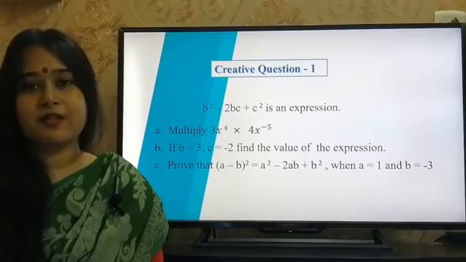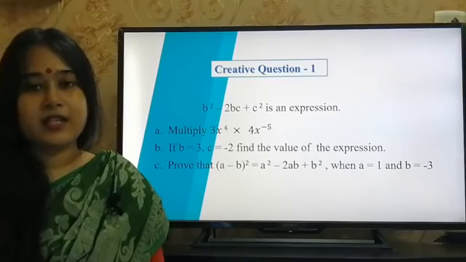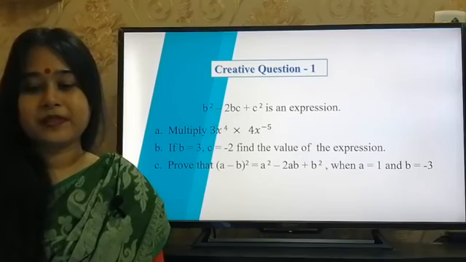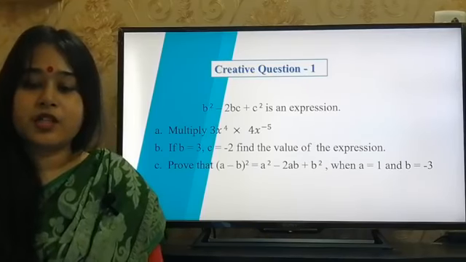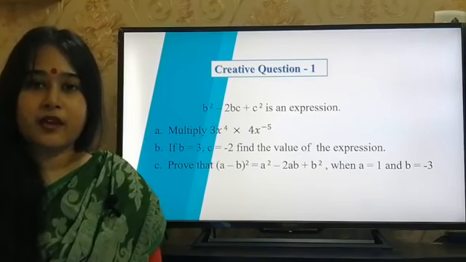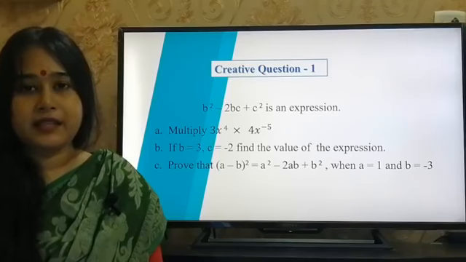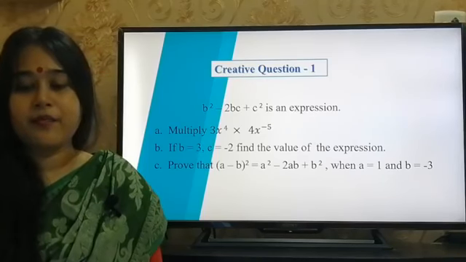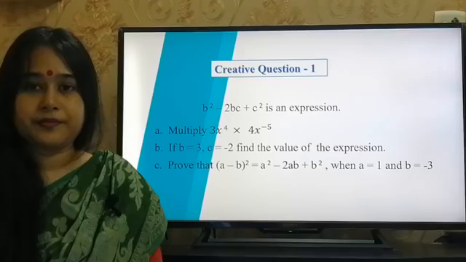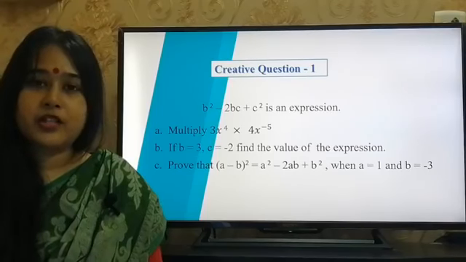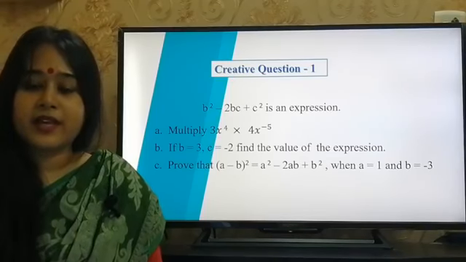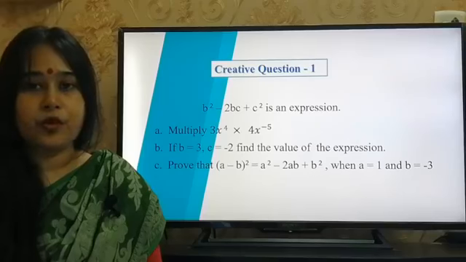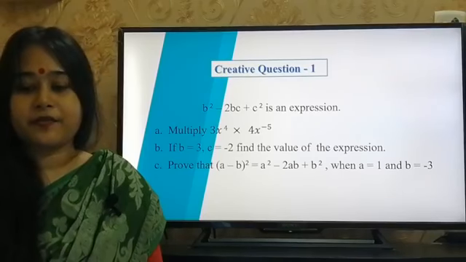Here is our first creative question. So write it down on your copy. The stem of this question is b square minus 2bc plus c square is an expression. A number question is multiply 3x to the power 4 into 4x to the power minus 5.